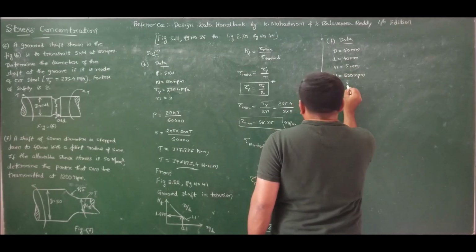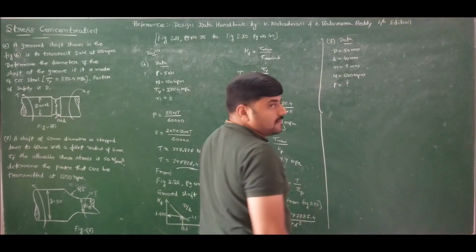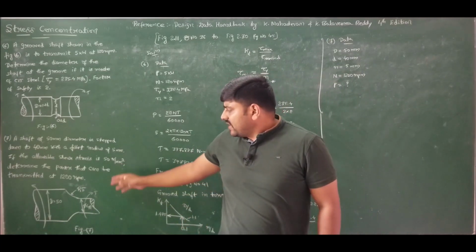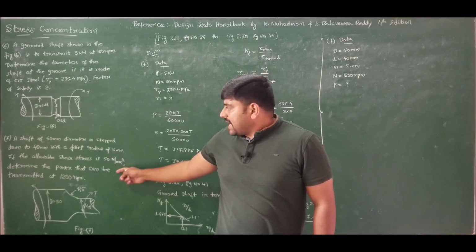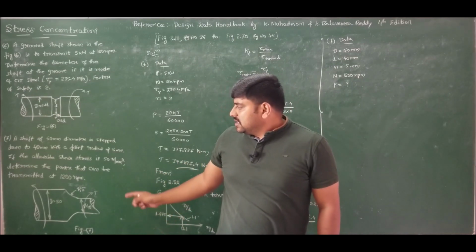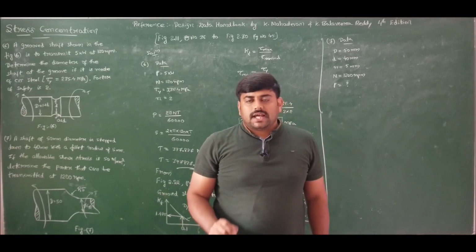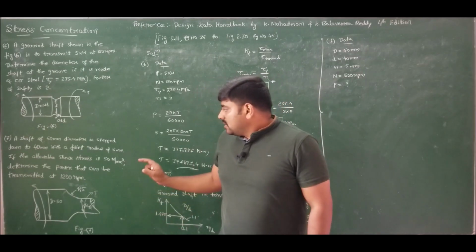Find the power by considering stress concentration. Now find tau nominal first. We have specified tau max as 50 megapascals. So if I find the stress concentration factor, I can find tau nominal.